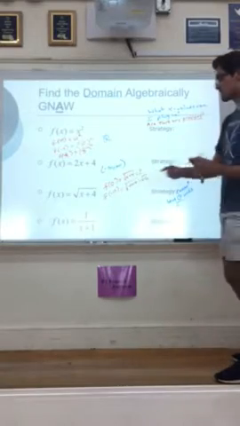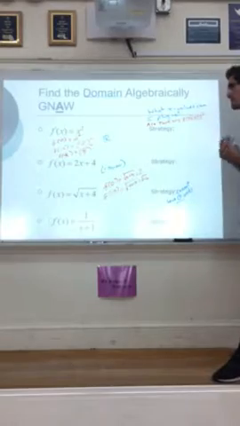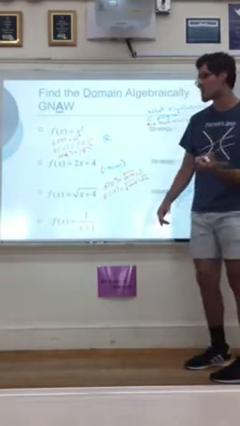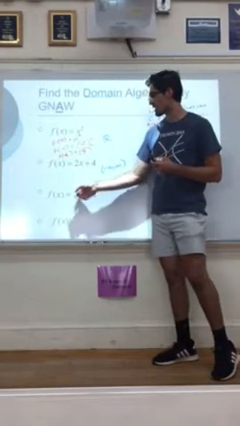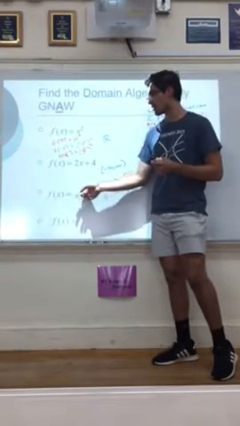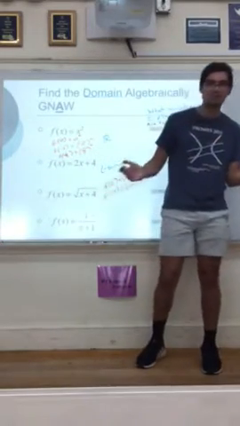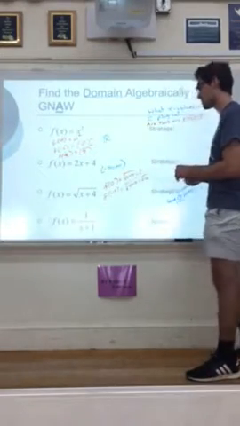I can't have a negative number inside the square root. But we haven't answered the question, what is the domain? If I can never have a negative inside of here, the smallest number I can have is 0. So what number can I plug in to give me 0? That's this tipping point. If I can make something bigger than 0 in the square root, all set. But negative, less than 0, no good.